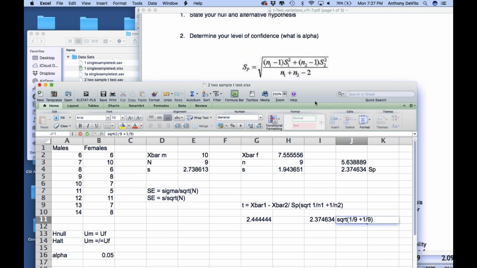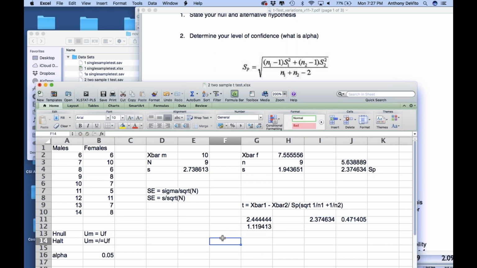Close parentheses. I think that'll work. Equals 0.477. So now the denominator is going to be equal to the pooled standard deviation times the square root of the sum of 1 over the sample sizes, which is equal to 1.99.